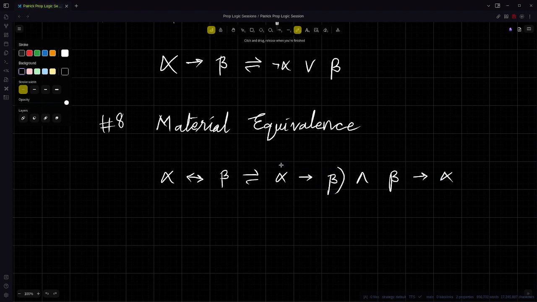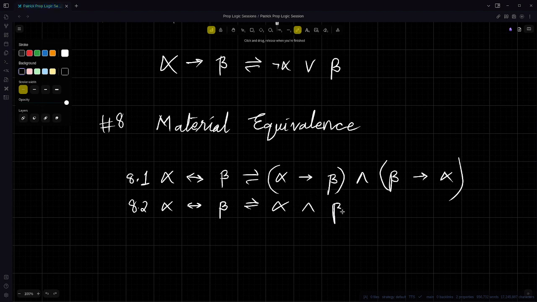I've got to separate them out with brackets. That's the first one, 8.1. Then we have 8.2, which is alpha if and only if beta, logically equivalent to alpha and beta, or not alpha and not beta.